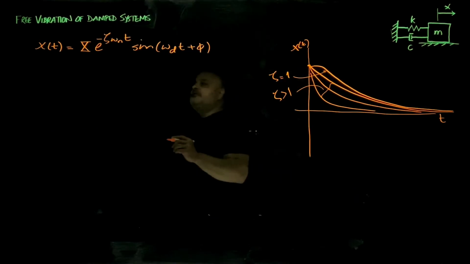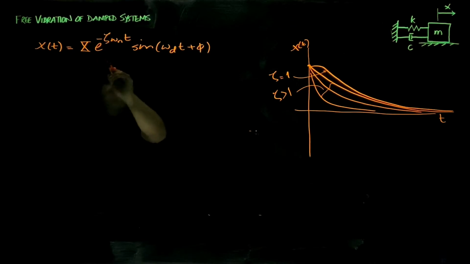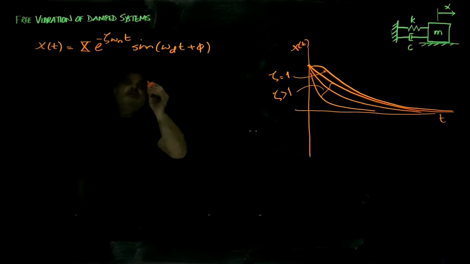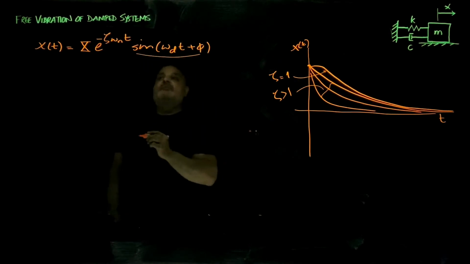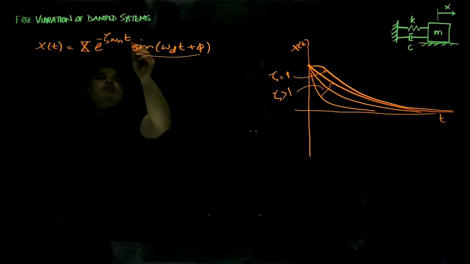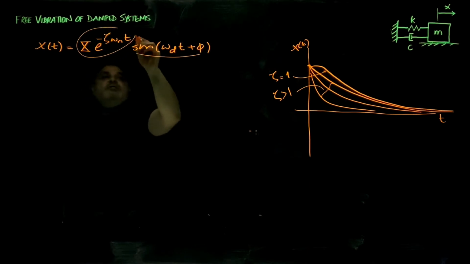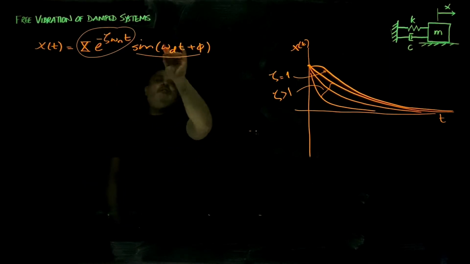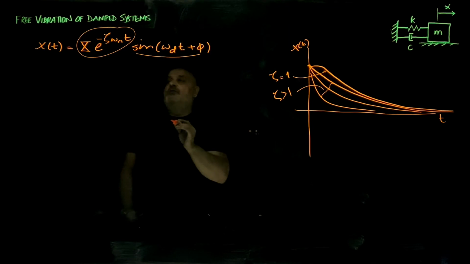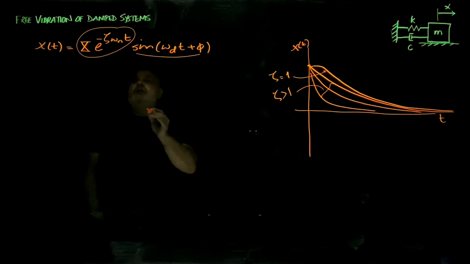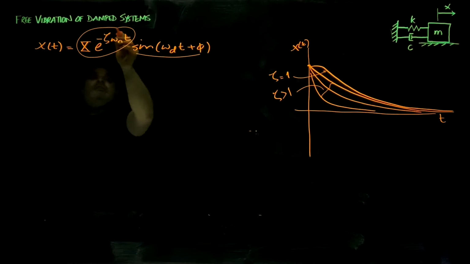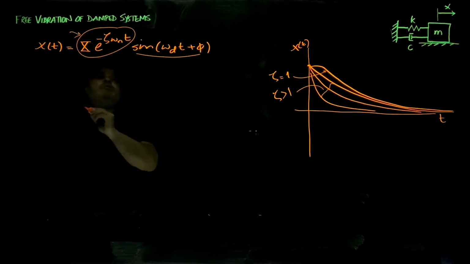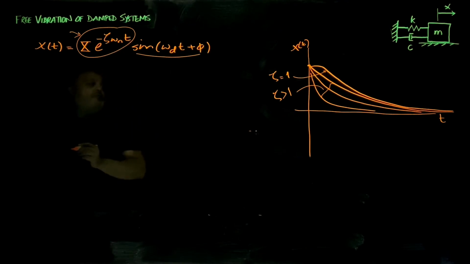So now x of t is some amplitude x e to the power negative zeta omega n t, times sine omega d t. Now this is a sine function, and the amplitude of this sine is this term. The amplitude of the sine wave is normally plus minus 1, and this is multiplied by this term, which decays to 0 with time, e to the power negative value.